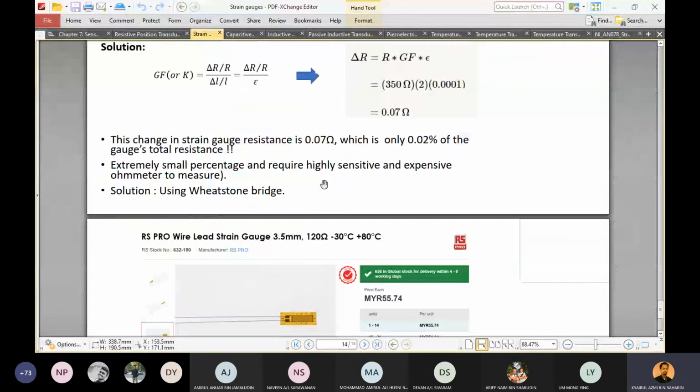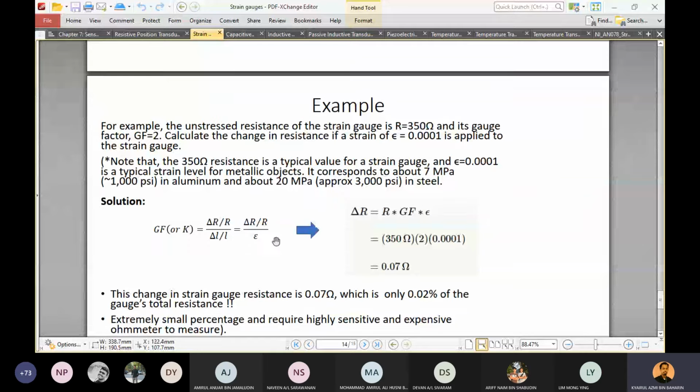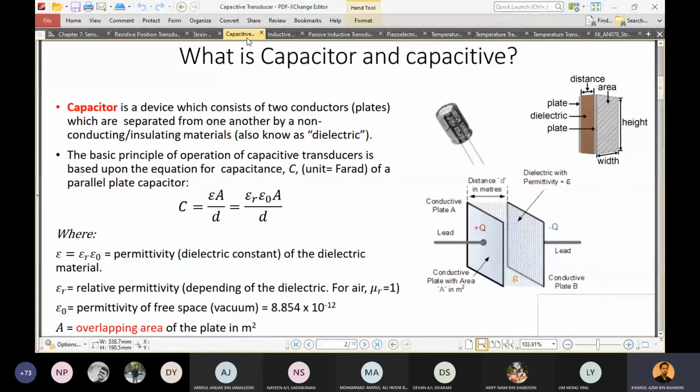If you look at the symbol for strain, the symbol also uses epsilon, but in this application, epsilon means something totally different, which is the ratio of the length change. Here in electrical, epsilon is used for what we call permittivity.